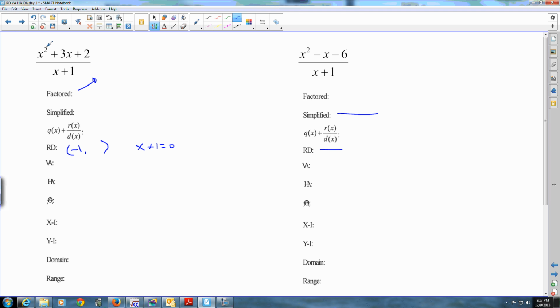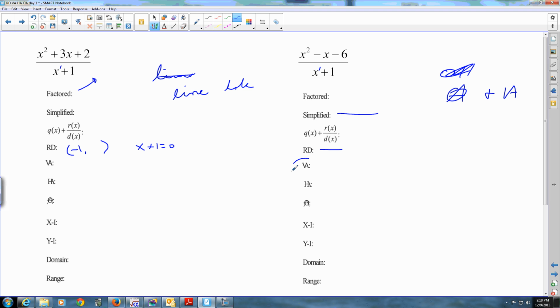If the degree of the numerator is bigger than the denominator, which all the ones in your homework tonight will be, then you're going to have one of two things. You're either going to have a line with a hole in it, or you're going to have an oblique asymptote and a vertical asymptote. Okay?